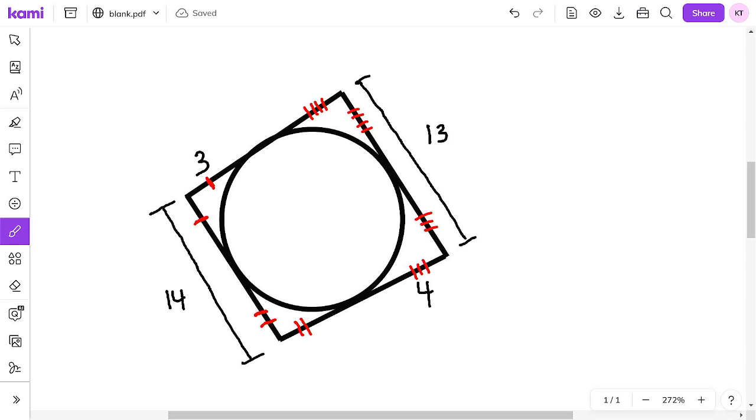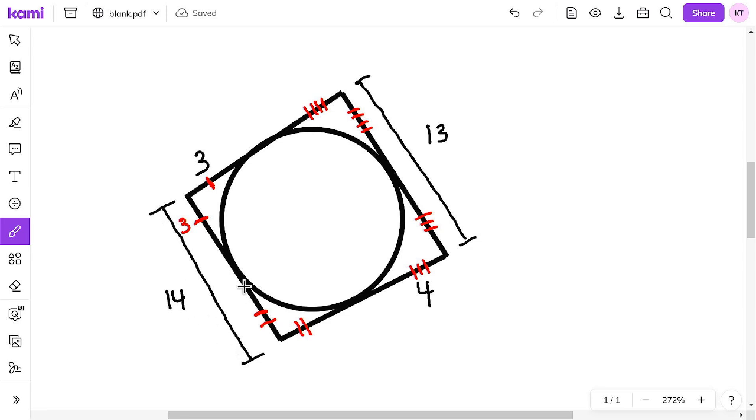So if I was being asked to find the perimeter here, I know again that this first one here is 3, so that means from here to here will also be 3. Now, this might not seem like it's doing much for us initially, but I know that the entire side length over here is equal to 14.